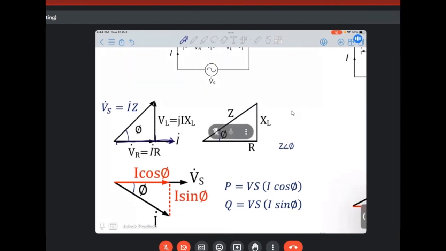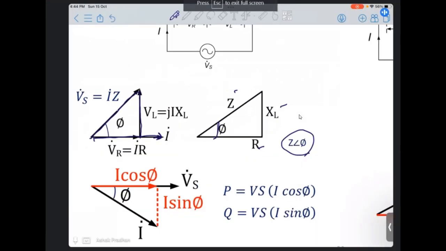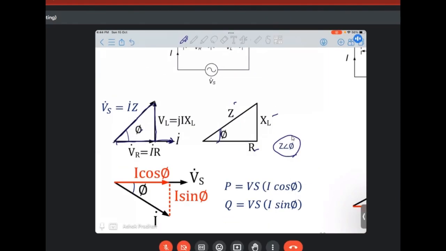So this becomes VL. So this becomes your supply voltage VS. If we divide everything by I phasor, this boils down to R, XL, Z. This is the phi. What is phi? Phi is nothing but the corresponding angle between voltage and current. Who governs it? The impedance. So this comes from the corresponding Z angle phi. So this angle of the impedance is nothing but the corresponding angle here.